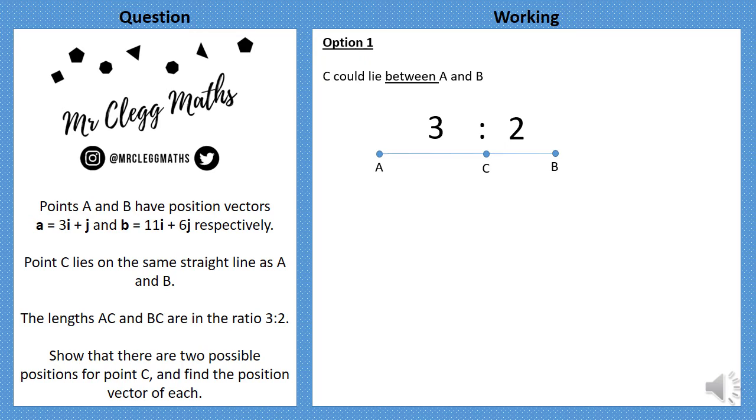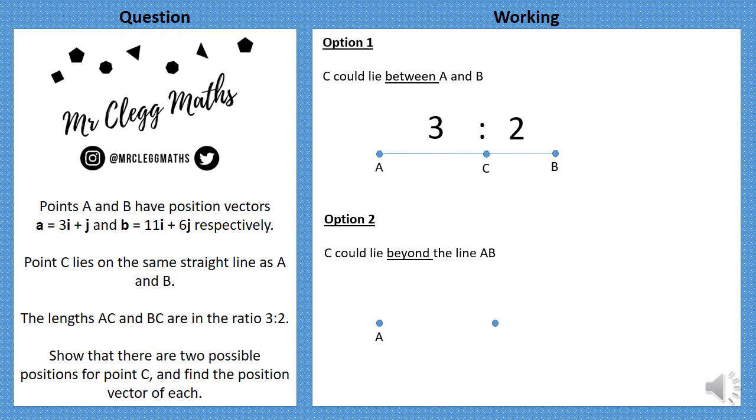In this case, I know that I can figure out the movement from A to B really easily because I've got the two position vectors, but it's worth applying what that means to my knowledge of where C is. So option 2, C could lie beyond the line AB.